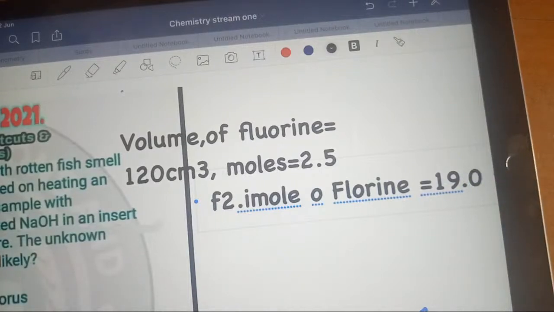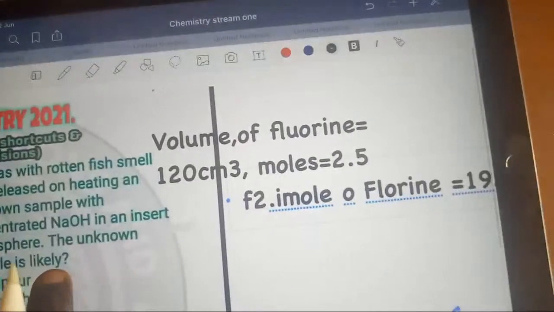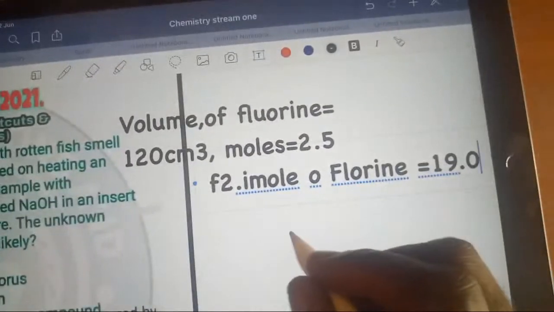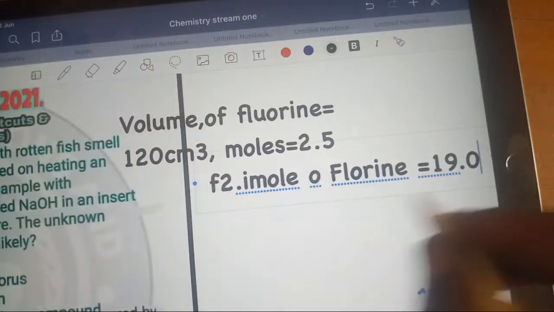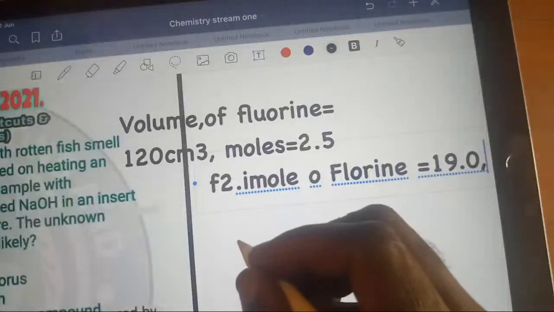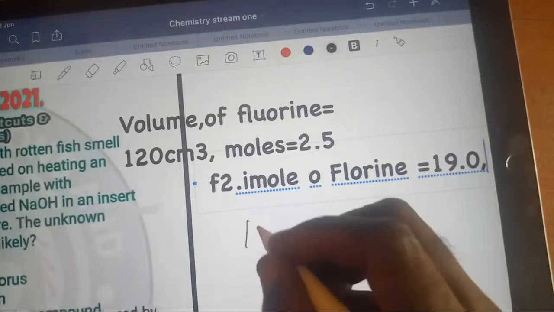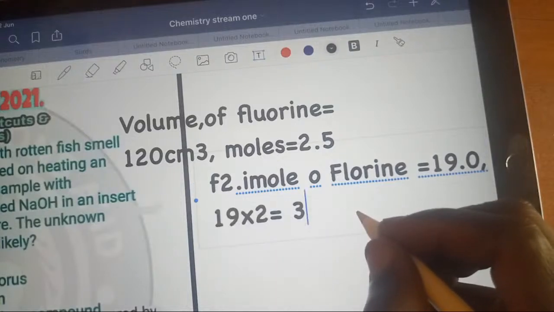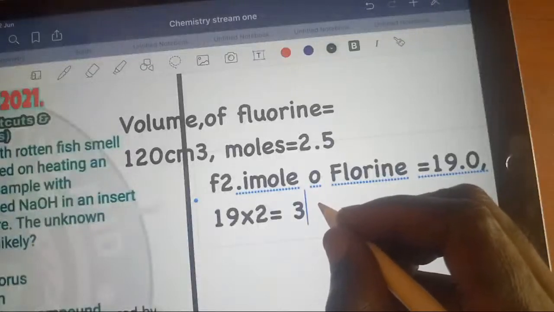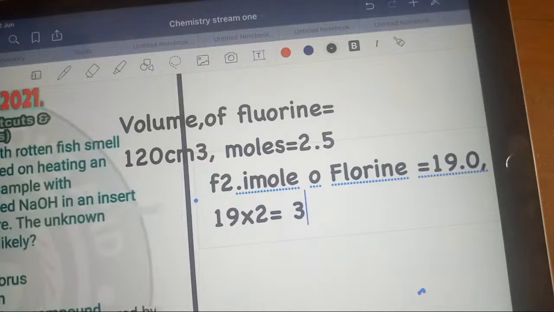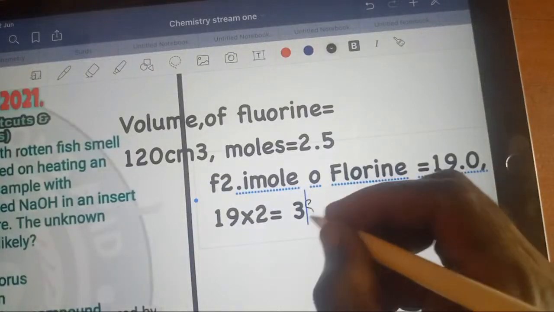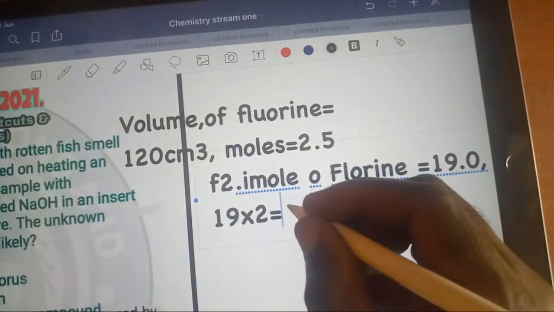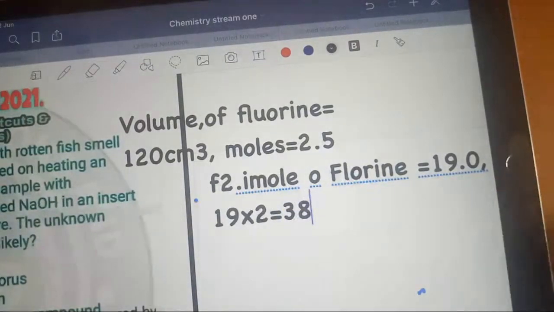Then your job is just to know that 2.5 moles should now be what? Remember, it's diatomic, which means your job is just to say 19 times 2, which will give you automatically 38 there also. Let me use my calculator here. 19 times 2 is 38, of course. So this automatically shows that 38 is for 1 mole of fluorine gas.